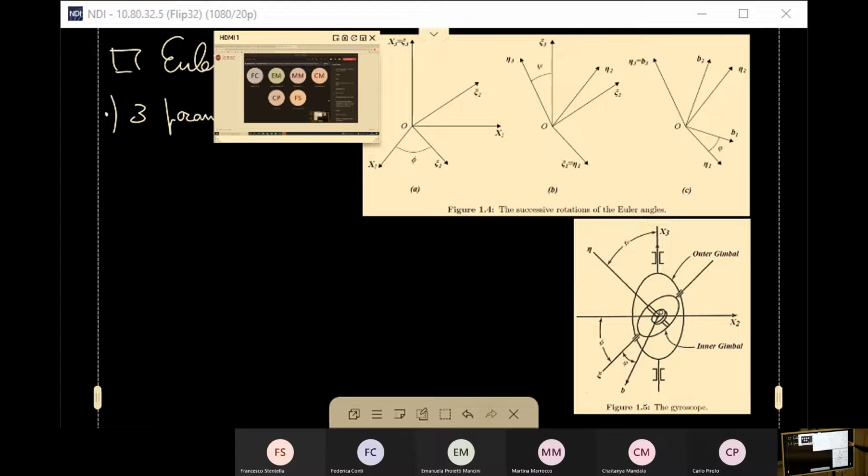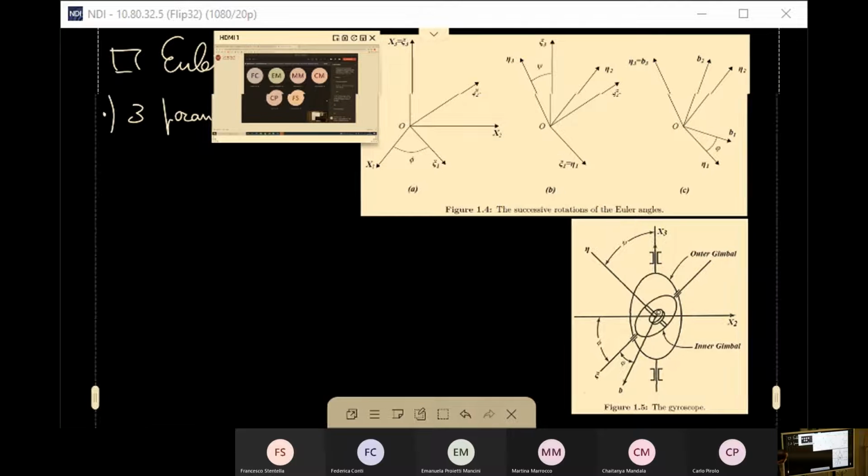And this brings you to the final configuration, which is B1, B2, and B3, the one that you wanted to describe. So it's quite easy. All of it is very nice. Let's see how we can actually describe this from a mathematical point of view.